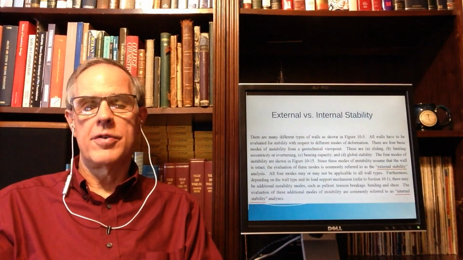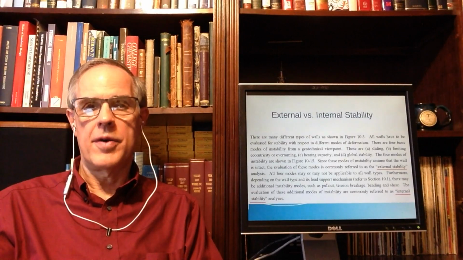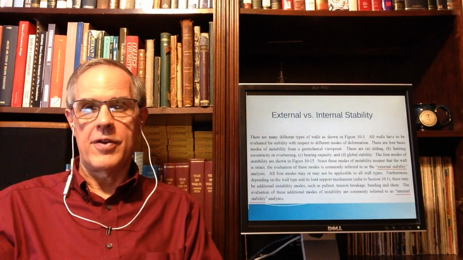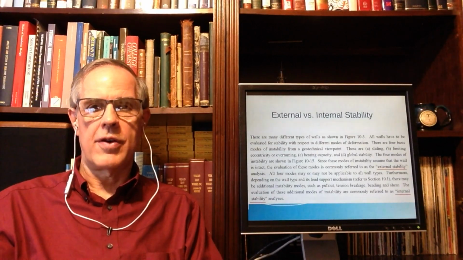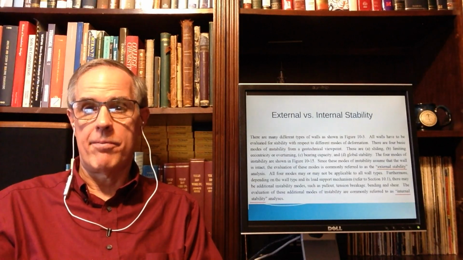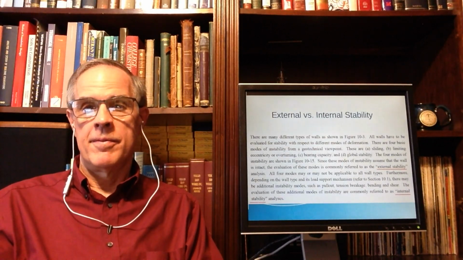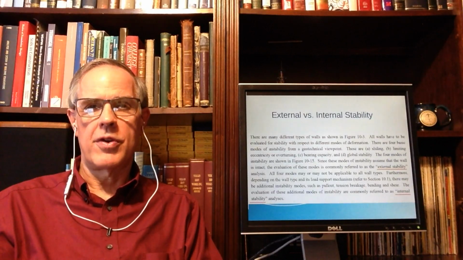External stability is stability of the soil around a retaining wall and to prevent the failure thereof. Internal stability is the structural integrity. In other words, if a wall breaks at some point, or in the case of sheet pile, bends at some point. These are the two stabilities. We're going to focus mostly in this course on external stability.